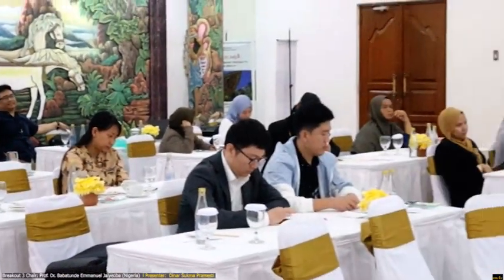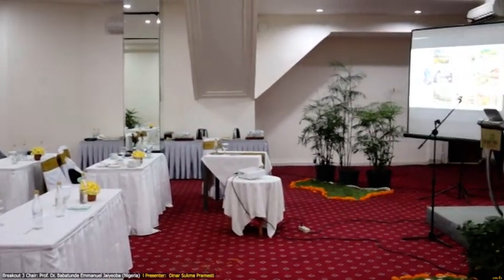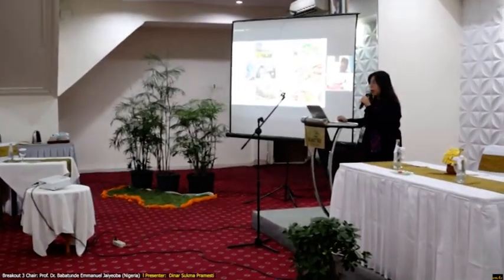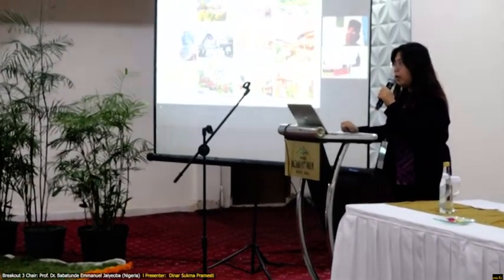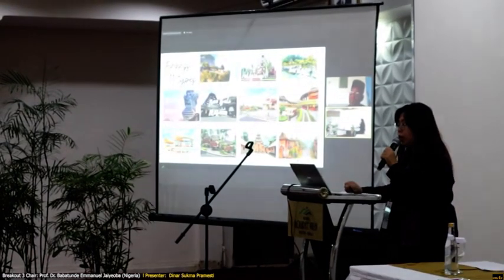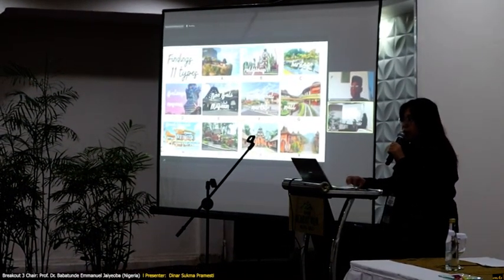Thank you. Yeah, the most favorite are type C and type E. Type C is heritage, like temples. Heritage like the Palace, Tirta Empul, Sukasada, Karangasem, and the next type is temple.